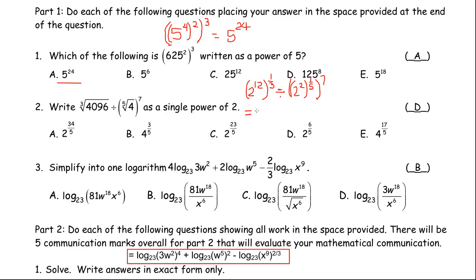So this would be 2 raised to the power of 4, divided by 2 to the power of 2 times a 5th, so that would be 2/5. Then I multiply that by the 7. Remember, 7 is the same as 7 over 1, so that's going to be an exponent of 14/5.